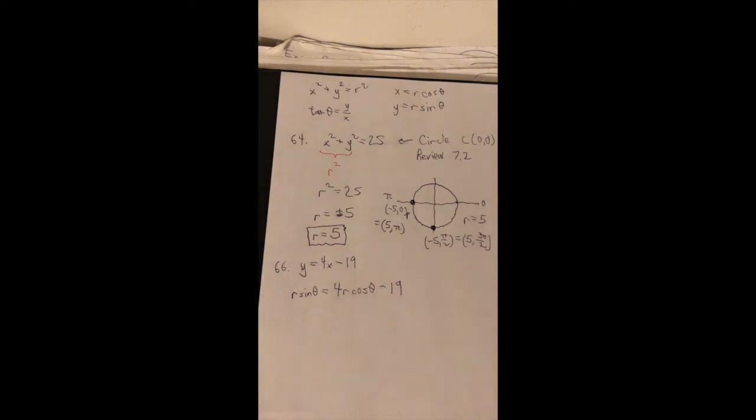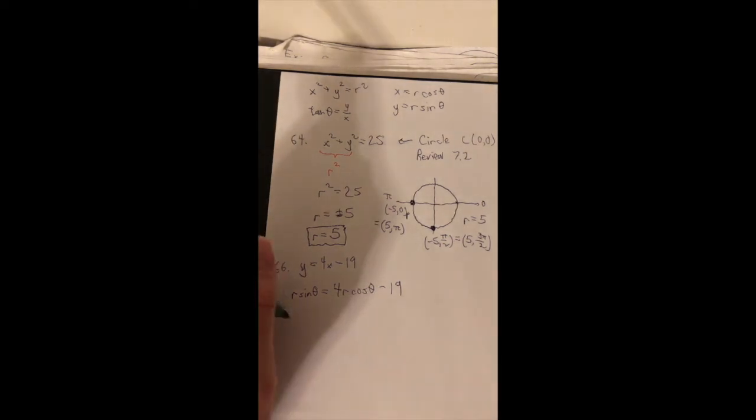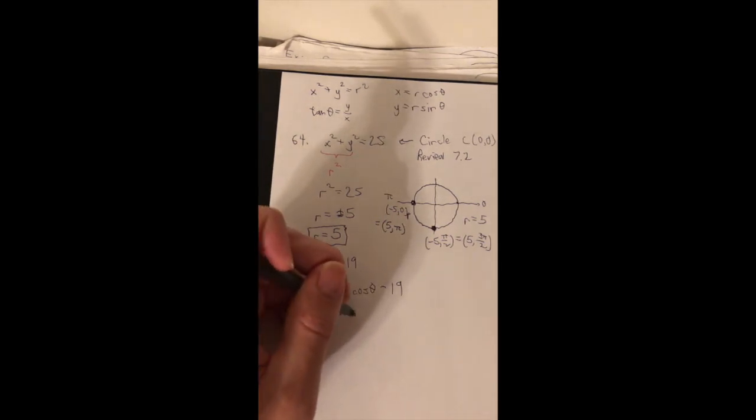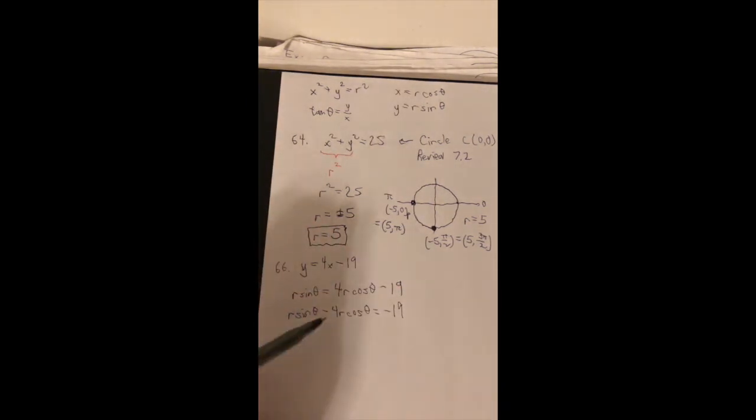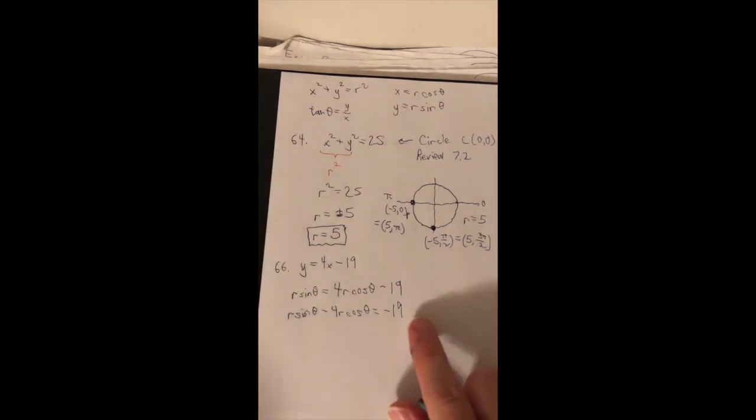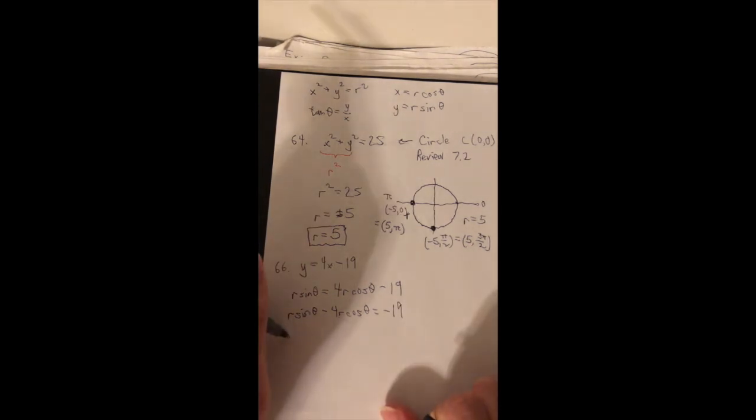Now, typically when you represent an equation in polar coordinates, you want to get r by itself if possible. So what I'm going to do is swing the minus 4r cosine theta to the left-hand side. I'm going to get everything on one side of the equation that has an r in it. Everything else stays on the right-hand side. I can factor out an r.